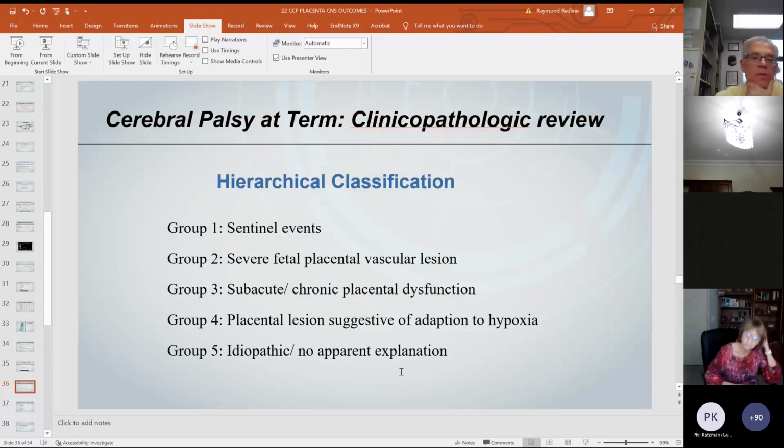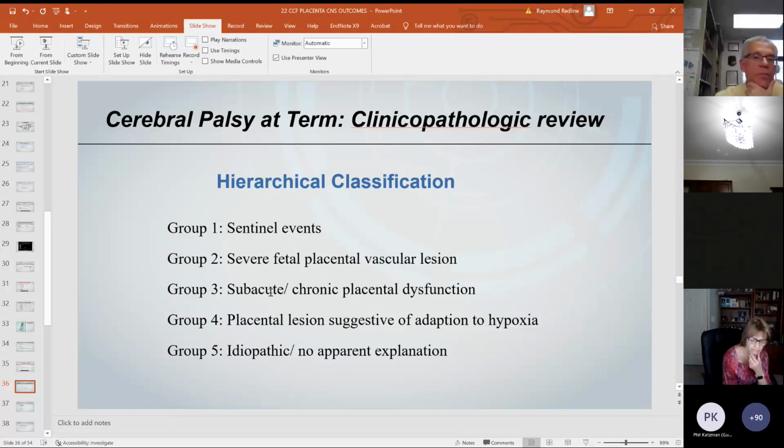And we utilized a hierarchical classification. So sentinel events, when they were present, were considered to be the cause of underlying CNS injury, regardless of what else was there. Severe fetal placental lesions, as I've argued, were the most severe group of placental lesions that we saw.